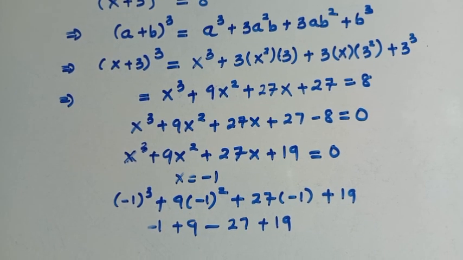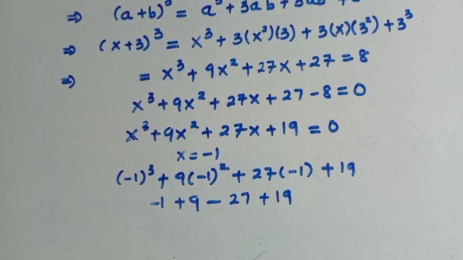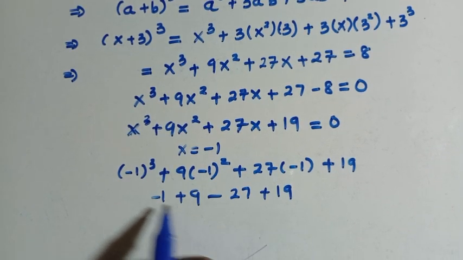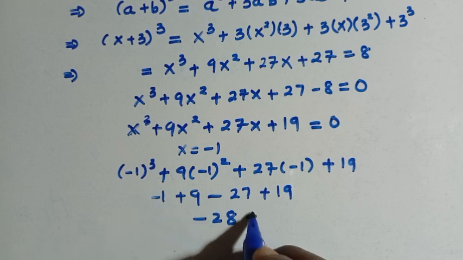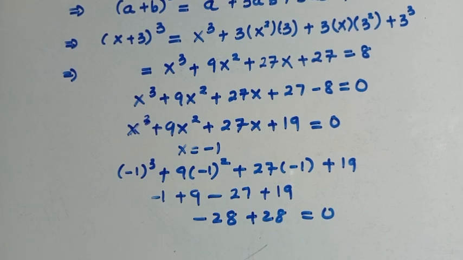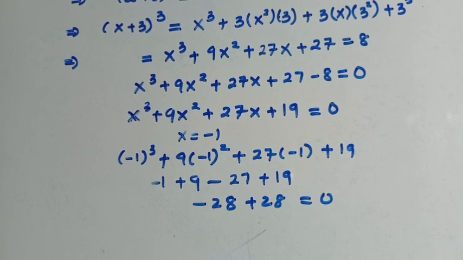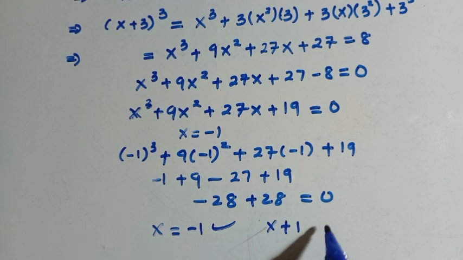And when we add 9 plus 19, we get 28, and minus 1 minus 27, that is minus 28, plus 28, and this equals 0. So this shows that x equals -1 is one of the solutions that satisfy this. So we have x equals -1, it's satisfied, and x + 1 is a factor of this cubic equation.